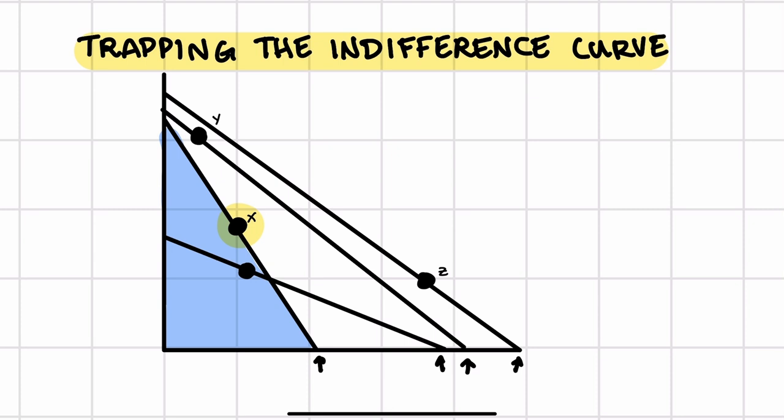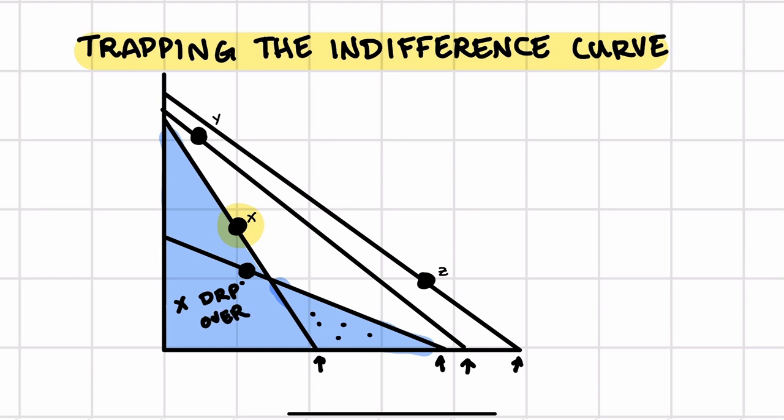And then consider this dot here. I haven't labeled that. This dot, X is preferred over this one, and this one is preferred over any bundles over here. And so by transitivity, X is preferred to these over here, right? So these are the bundles that X is directly revealed preferred over.